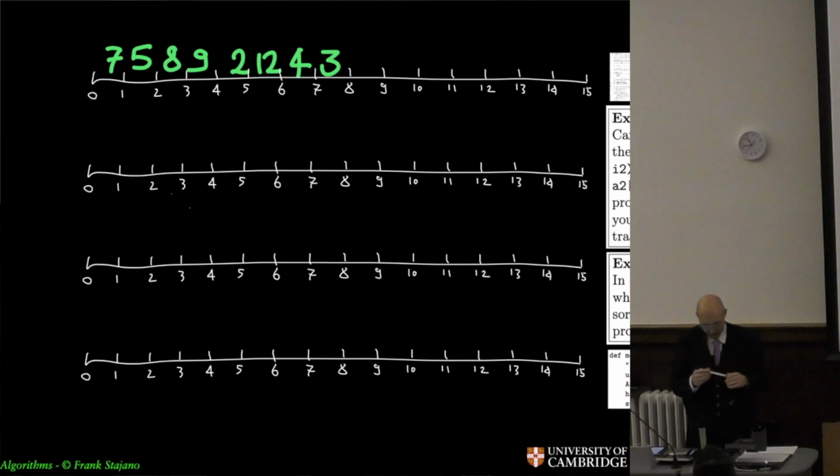Well, Mergesort is a program that sorts the array using one of your computer science superpowers. So you say, well, I'm given this thing to sort. It's long, it's big, it's ugly. What I could do is I could sort a smaller thing.